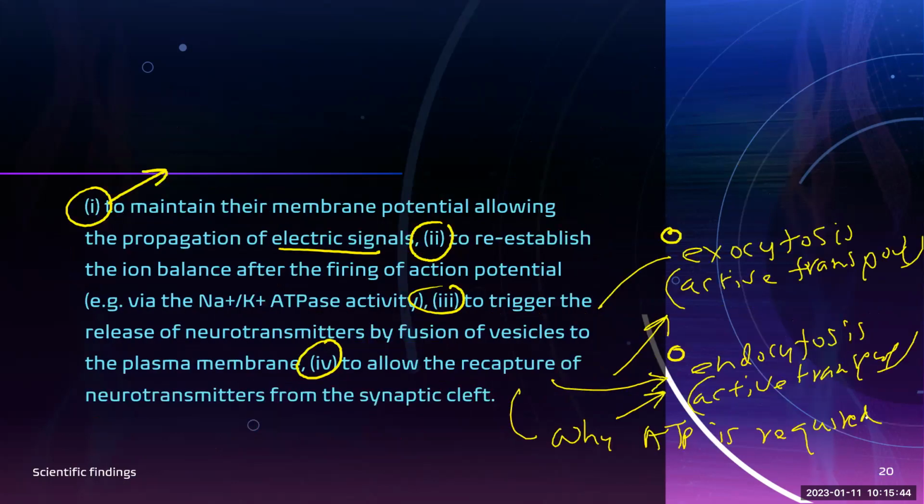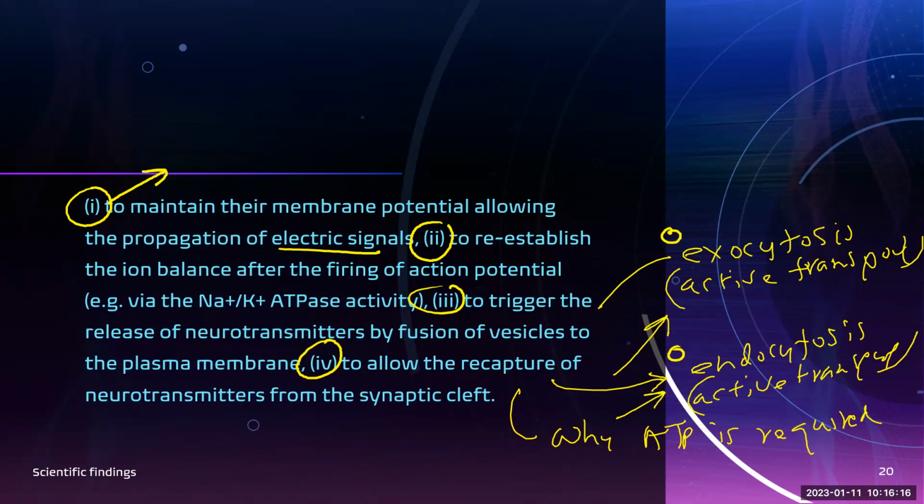And here it's given as four functions. First, to maintain their membrane potential, allowing the propagation of electrical signals. Now, further, if you ask how they maintain membrane potentials, again you have to say sodium ion moves in, potassium ion goes out, and the sodium potassium pump maintains outside positive, inside negative, which needs ATP. Second, the re-establishment of ion balance after the firing of action potentials.